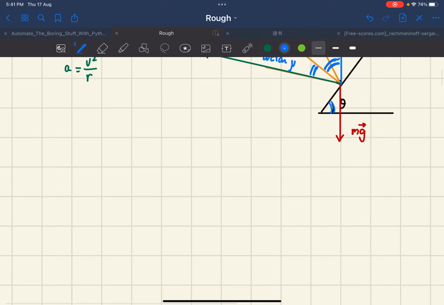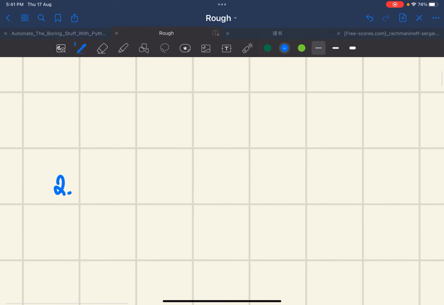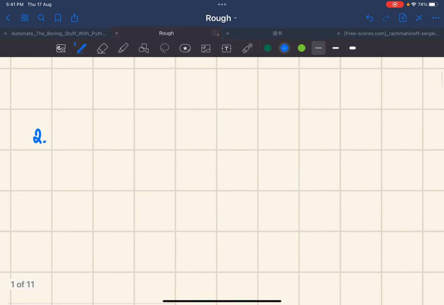Let's try another problem to illustrate how this geometric way is advantageous in solving friction problems. Okay, so the problem is we have a surface and a box of mass m.